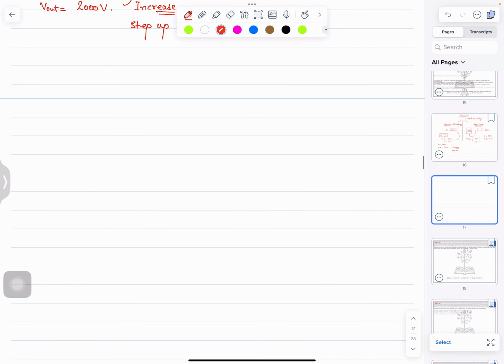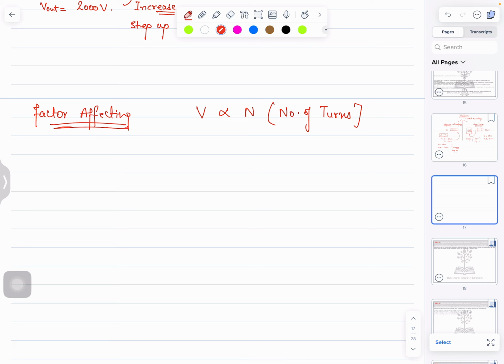Now the question is the factors affecting. What is the major factor? The major factor is that voltage depends upon the number of turns. First of all, you need to understand how it looks. I'll show you.